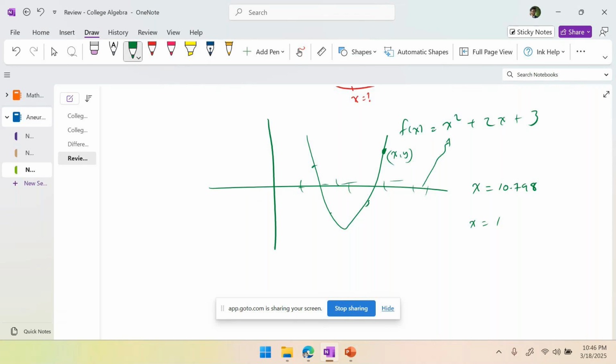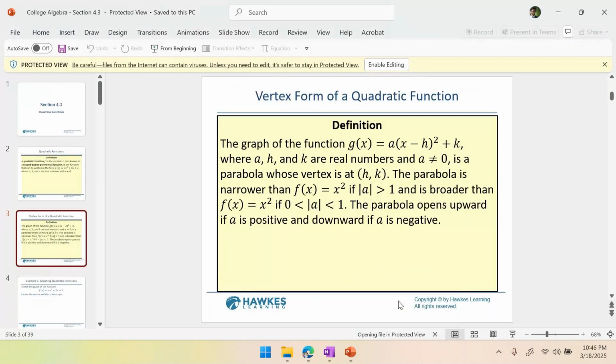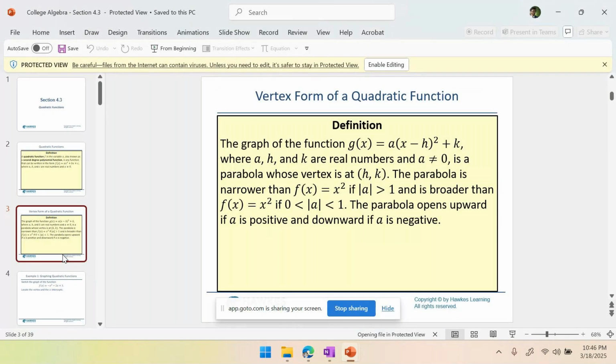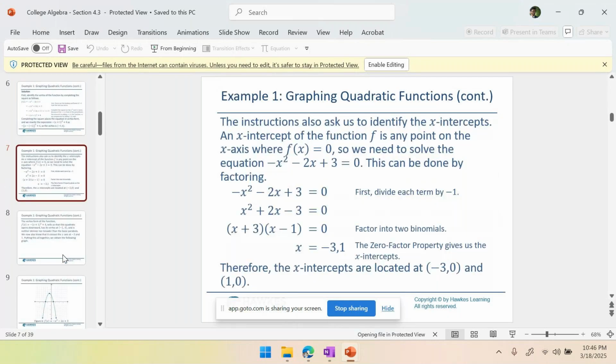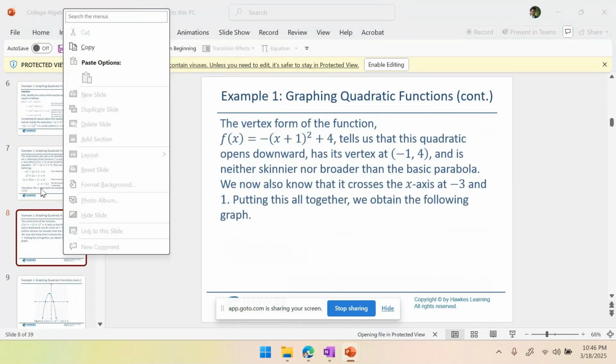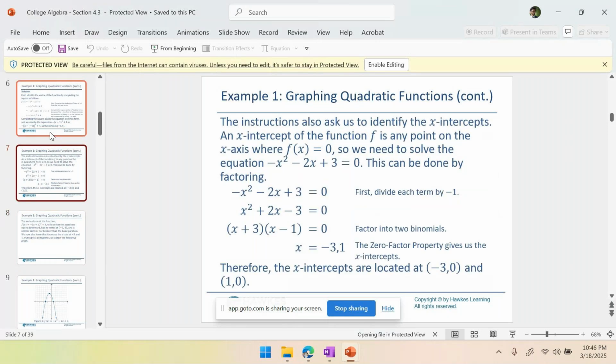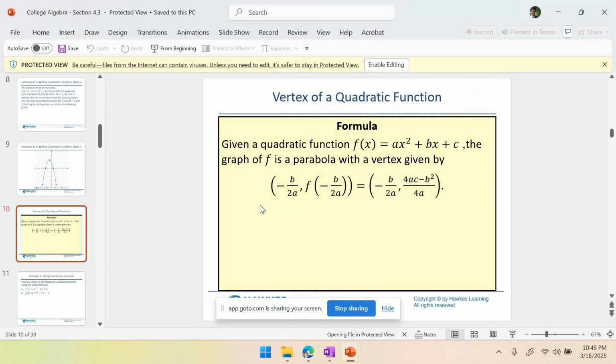Also, when it comes to these parabolas, we did another thing called finding the vertex using the vertex formula. Before that we used the method of completing squares. That's again a very strong method.